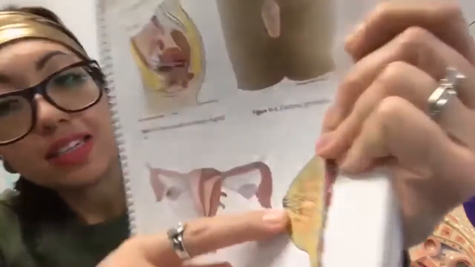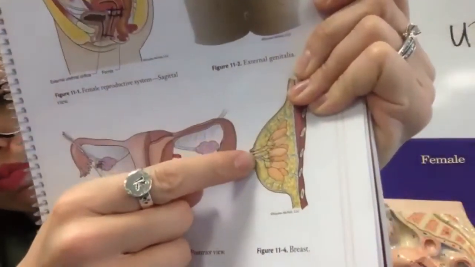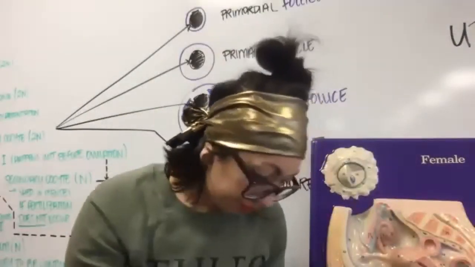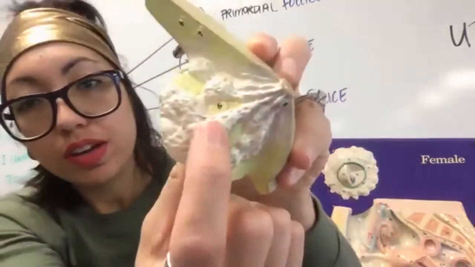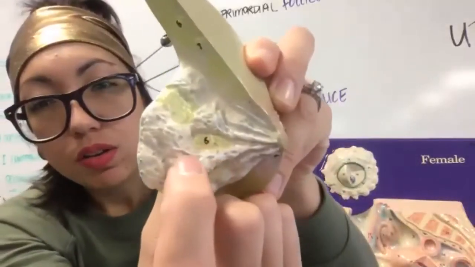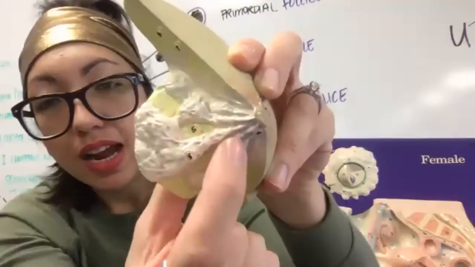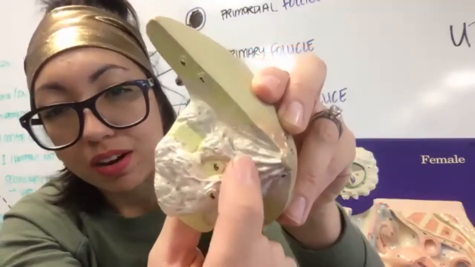So the sinuses, the lactiferous sinuses, are these little kind of swollen purple parts right there. On the model, here are the lobes, you have these little ducts, these little tiny passageways, and the sinuses are these little kind of swollen parts right here.